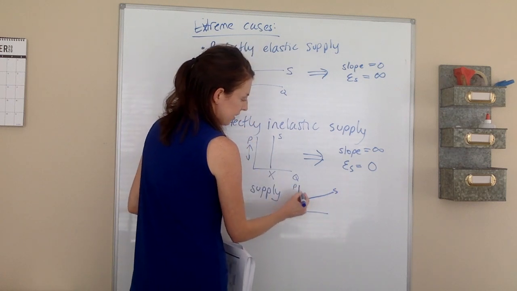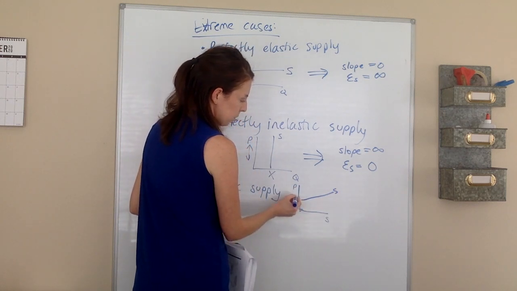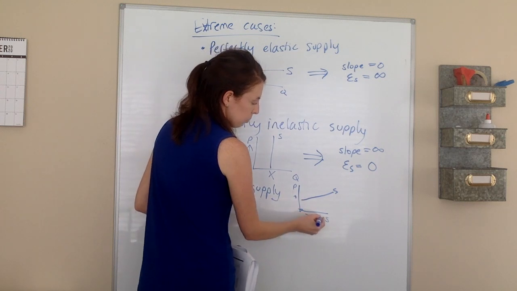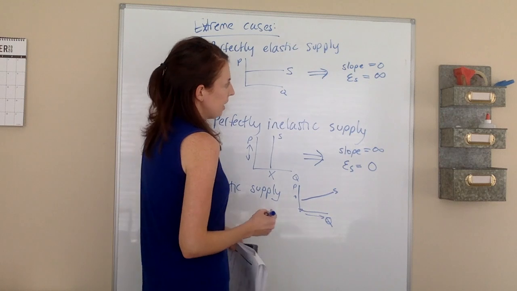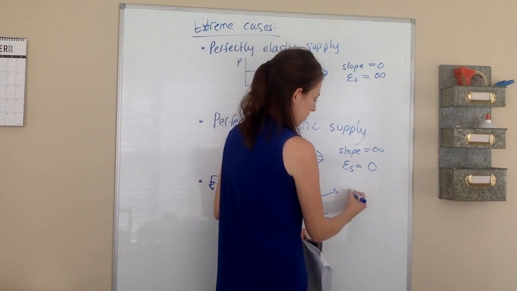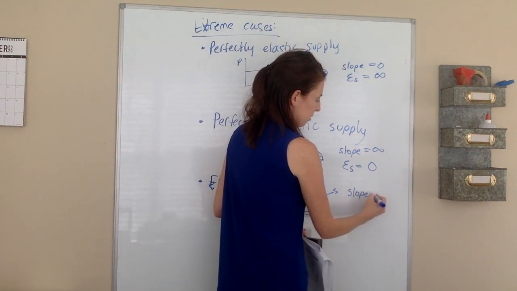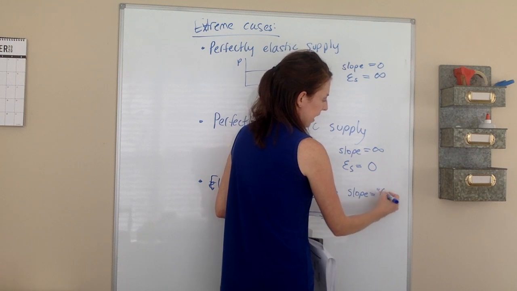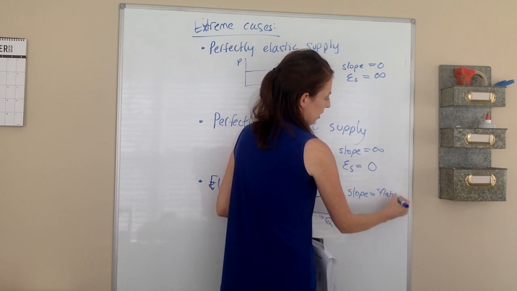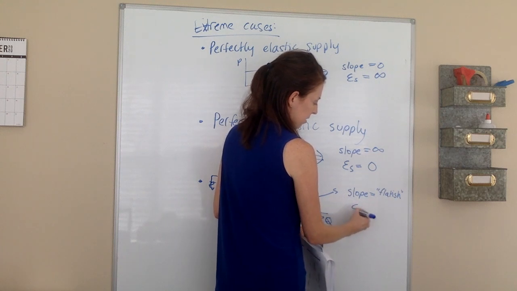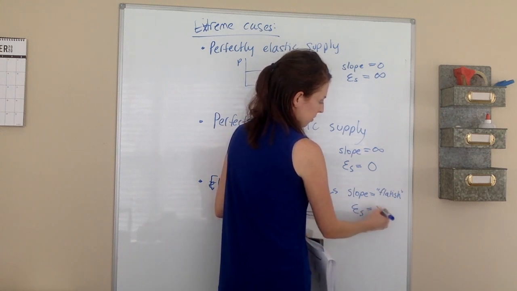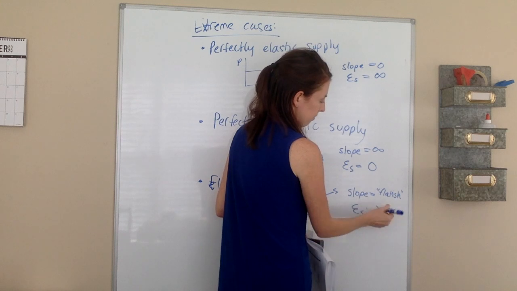So the idea here is that if you raise the price by a little bit, you get pretty big increases in the quantity supplied. And so the slope is going to be flat-ish. And the elasticity of supply is going to be greater than 1.